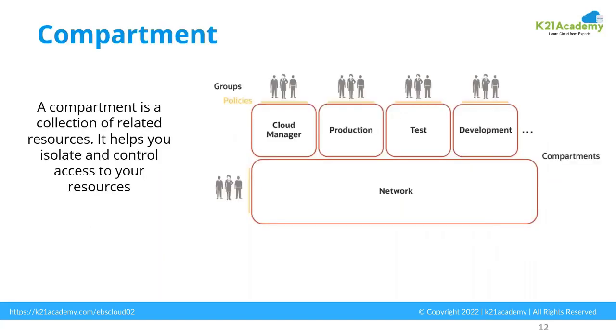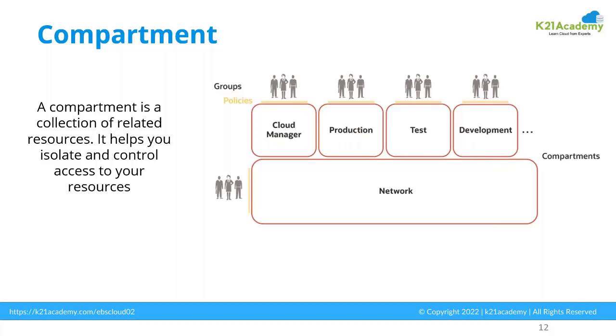A compartment is basically a collection of related resources, such as your network resources, storage, and compute. These are all termed resources in Oracle. When you want some distinction, say in our Oracle application, I want an Oracle application production compartment and an Oracle application non-production compartment.